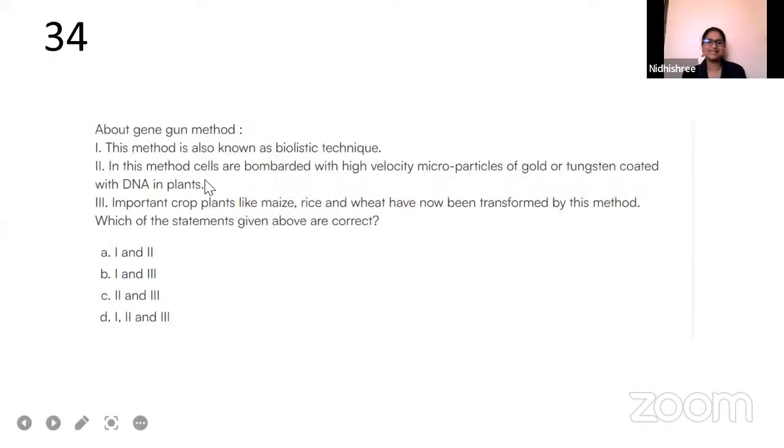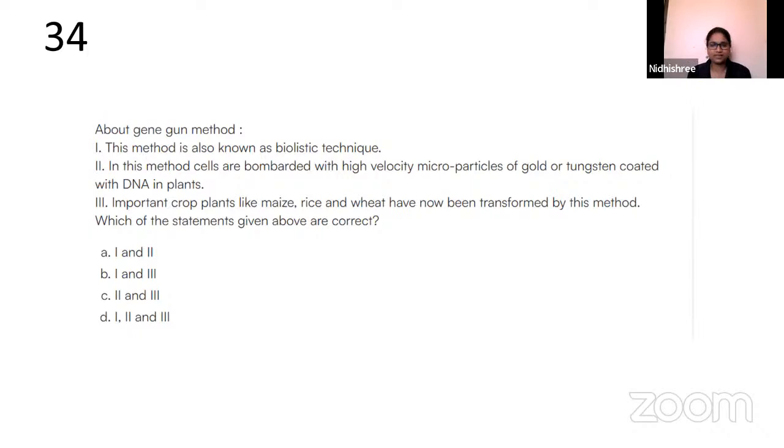Option D is the right answer. All 3 statements are right, guys. The gene gun method is also called the ballistic technique. In it, high velocity microparticles of gold or tungsten coated with DNA are bombarded into plants. Since they are shot or bombarded, it gets the name gene gun method.